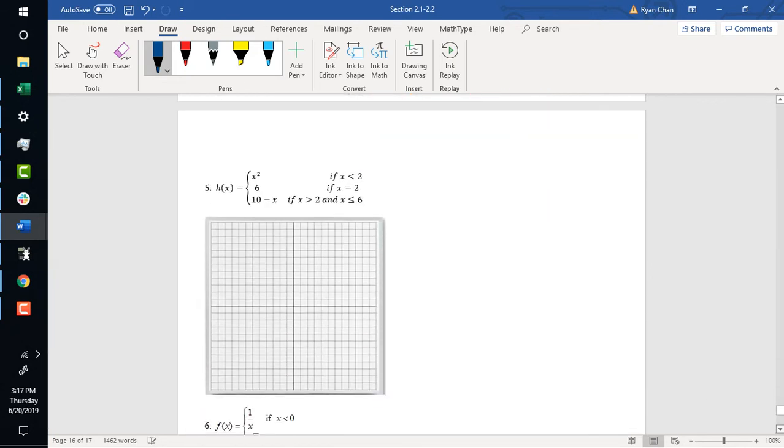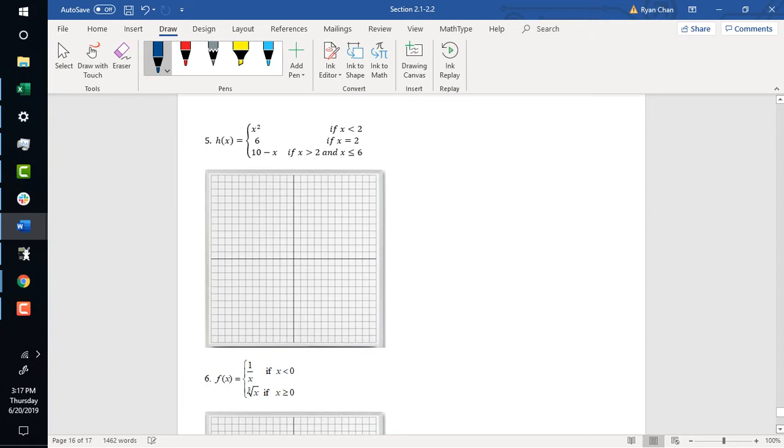Yeah, let's look at number 5 here. And again, we're going to do the same thing once again. So I'm going to do x squared. Now, take a look at your piecewise, less than 2.